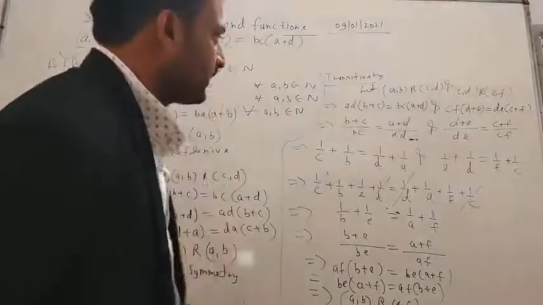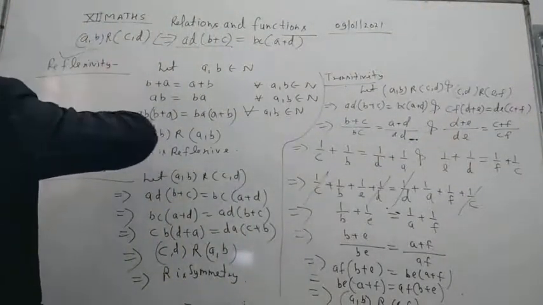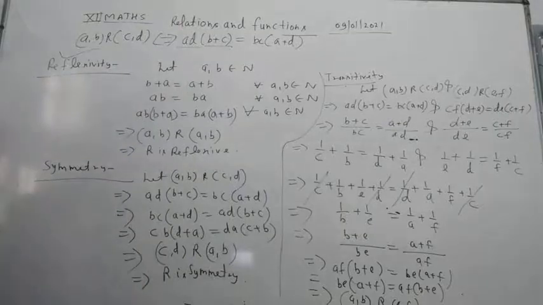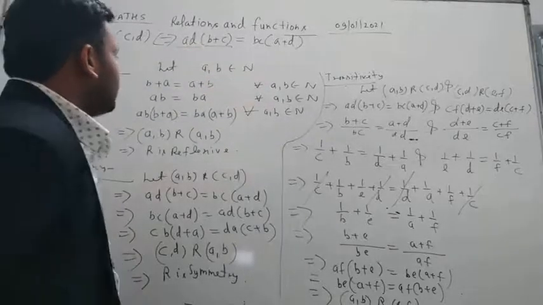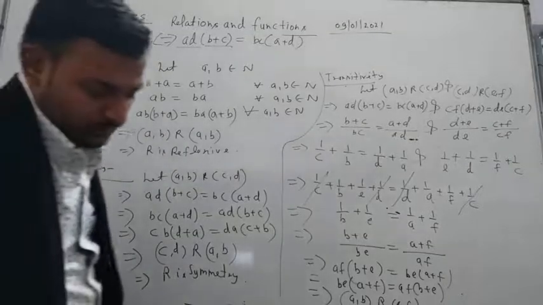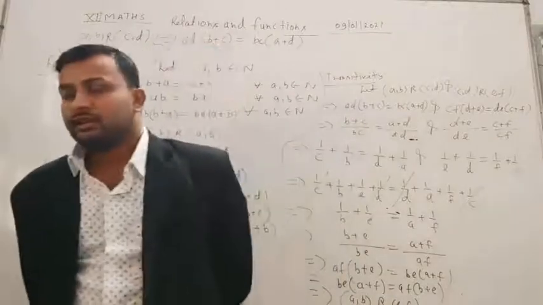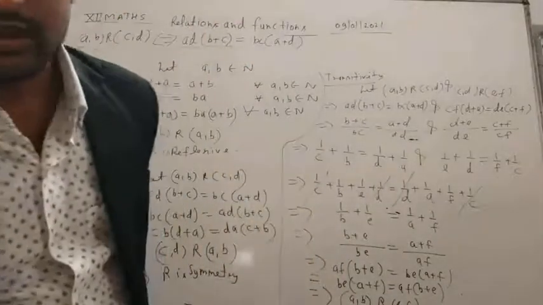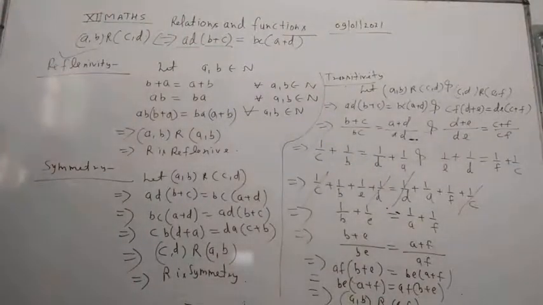Let's see once again. We are given that AB is related to CD, defined as AD(B plus C) is equal to BC(A plus D). First of all, we are going to prove that it is reflexive, because for proving an equivalence relation, we must show that it is reflexive, symmetric, and transitive. So first we are going to prove reflexivity.